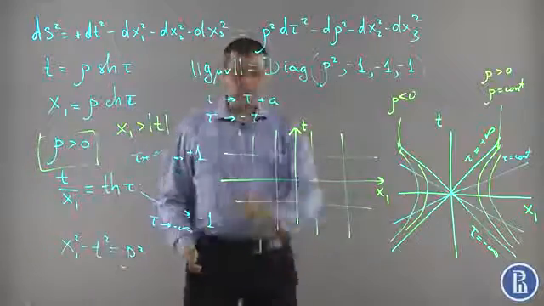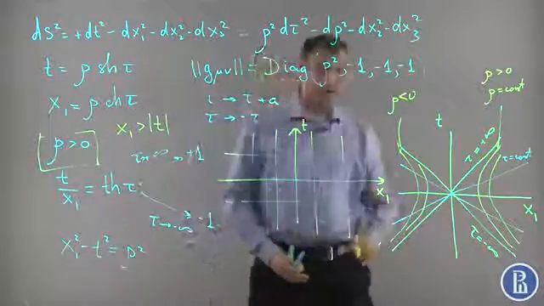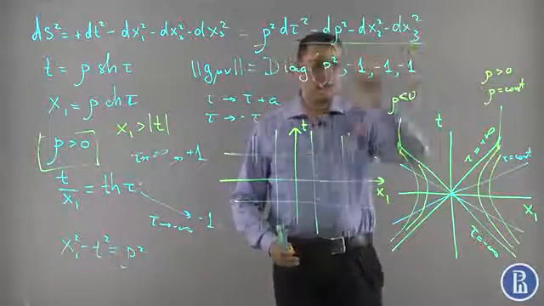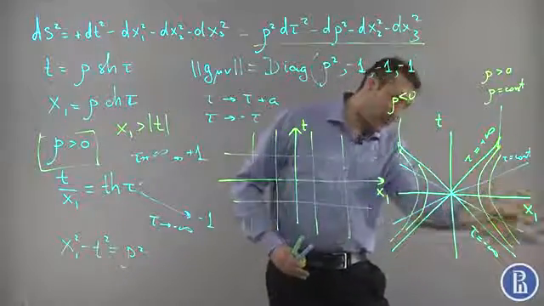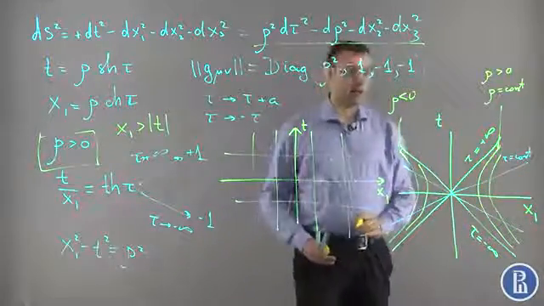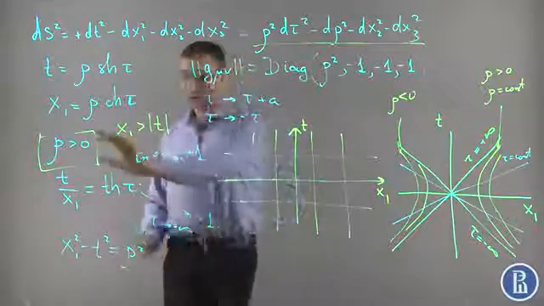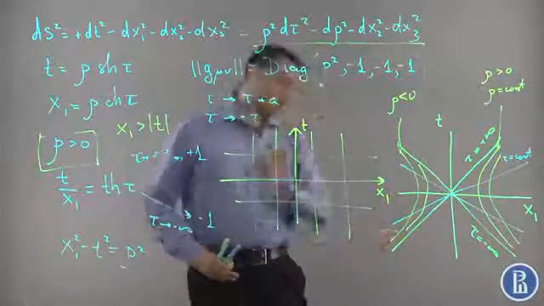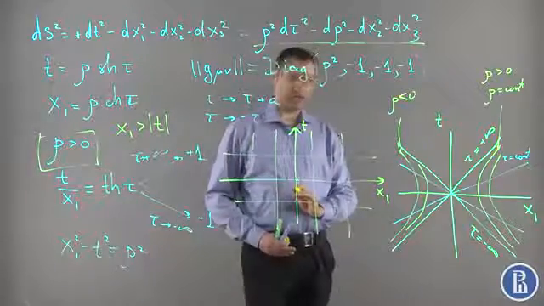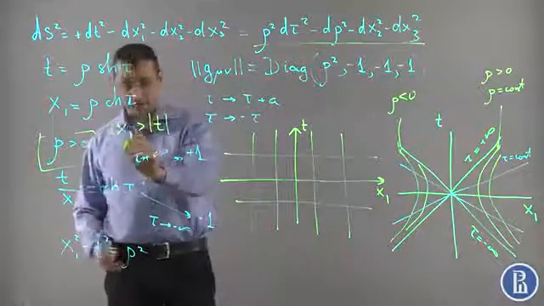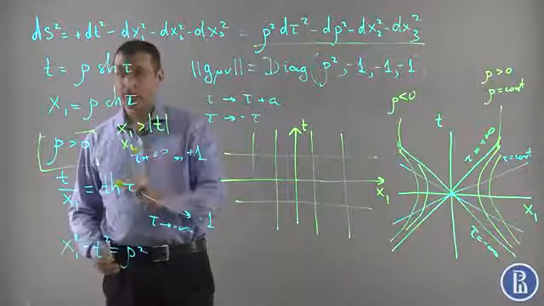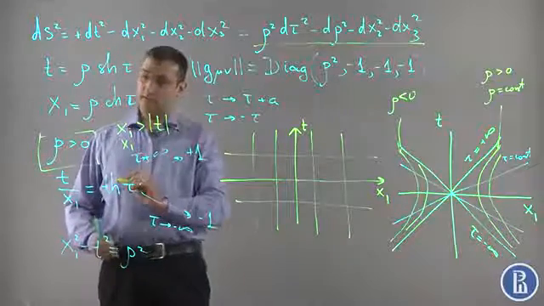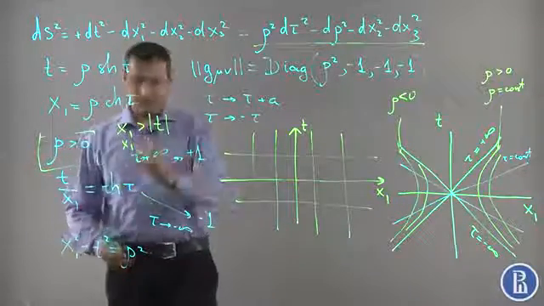As a result, for rho greater than 0, these coordinates cover only this quadrant of the entire space-time. And for rho less than 0, these coordinates would cover this quadrant of the entire space-time, for the reason that x1 would, in that case, be less. Well, anyway, it doesn't matter.